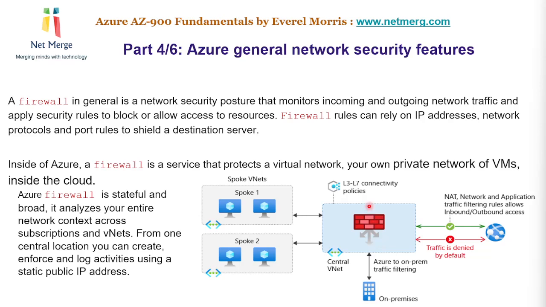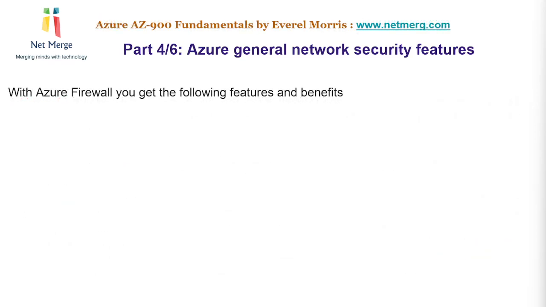So again, it could manage both your on-prem and off-prem solutions. And then you have your NAT and network application traffic filtering rules that allow inbound and outbound traffic. The green is allowed and the red is denied. So this is a graphical overview and illustration of your Azure Firewall at work. Okay, let's move on and see what else we got here.